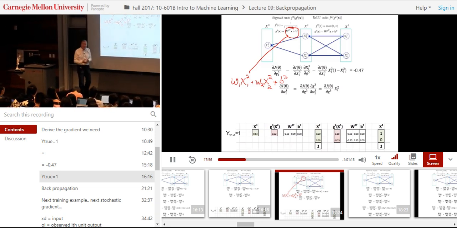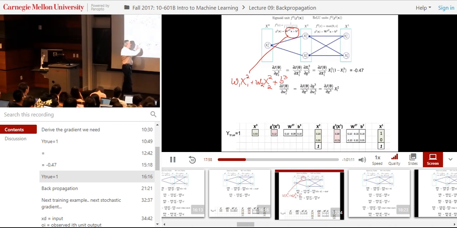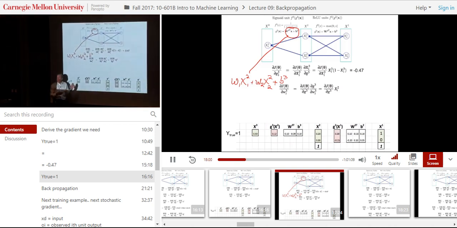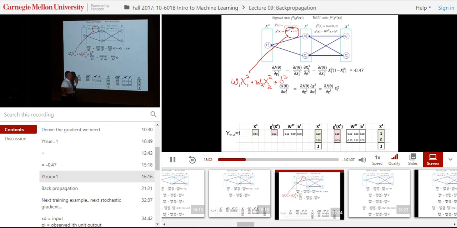Because the way you'll implement this, if you do it, is for every kind of unit that you use, like a sigmoid unit, you'll actually calculate what is the derivative of this with respect to this. Or if you change the activation function to something else, you'll want to chop it into the derivative of this and then this.